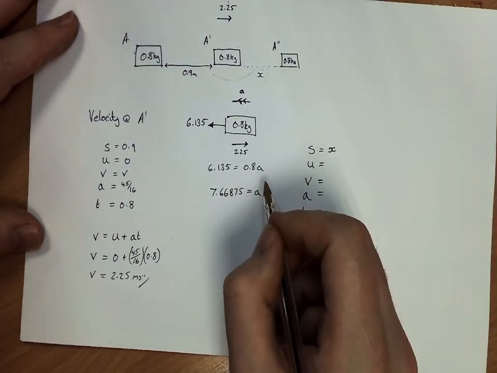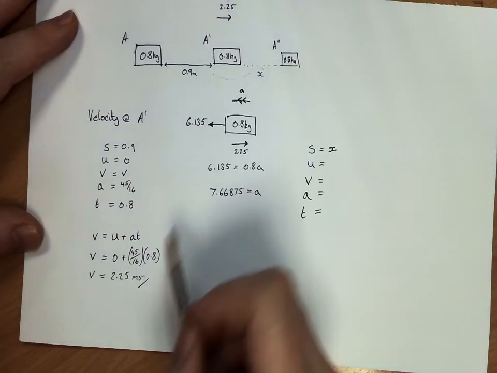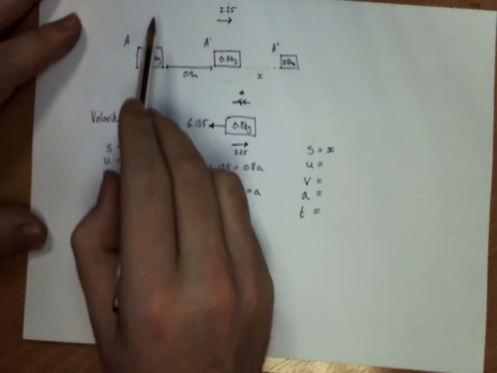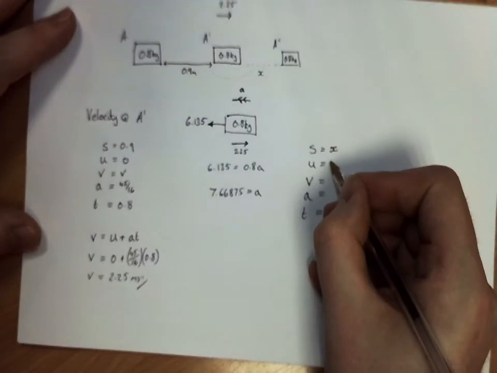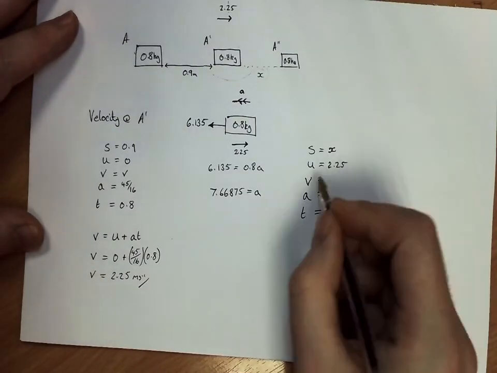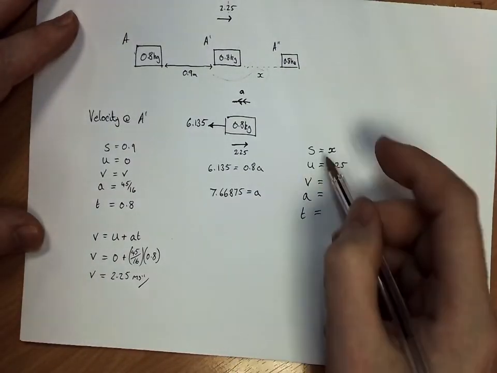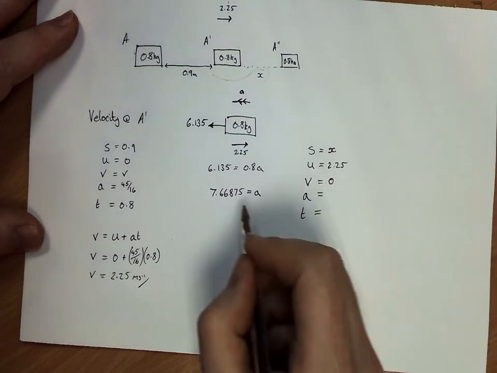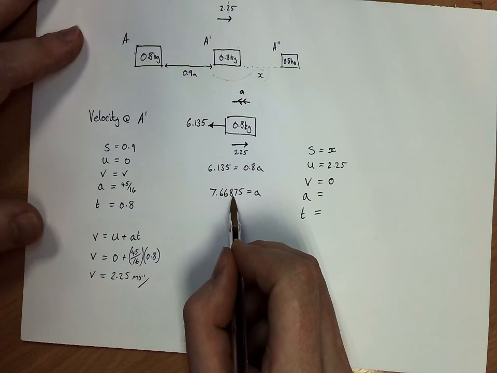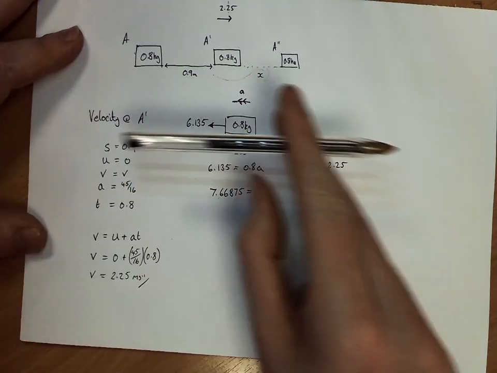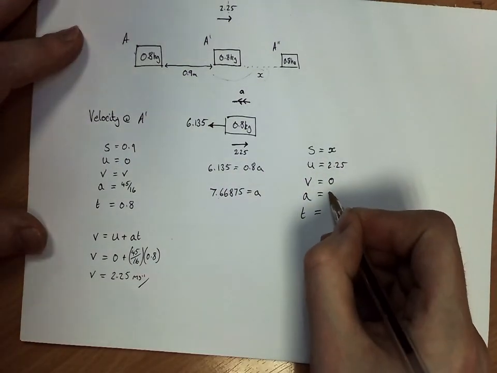U is this speed here. It was V when I went from here to here, but from here to here, this number is now U. V is the speed at this point here, which is 0. The acceleration is minus 7.66875 because I'm taking this as my positive direction.